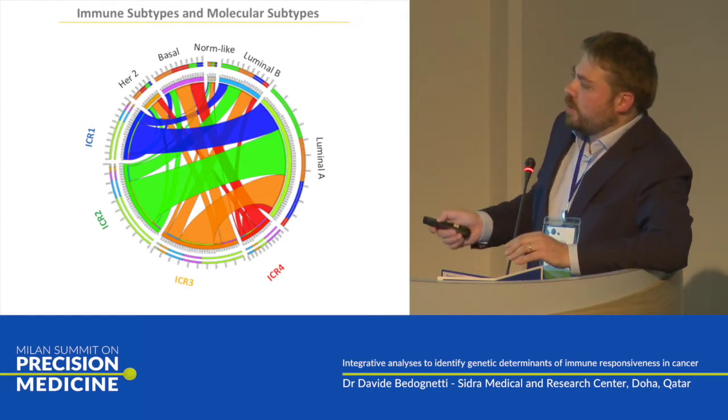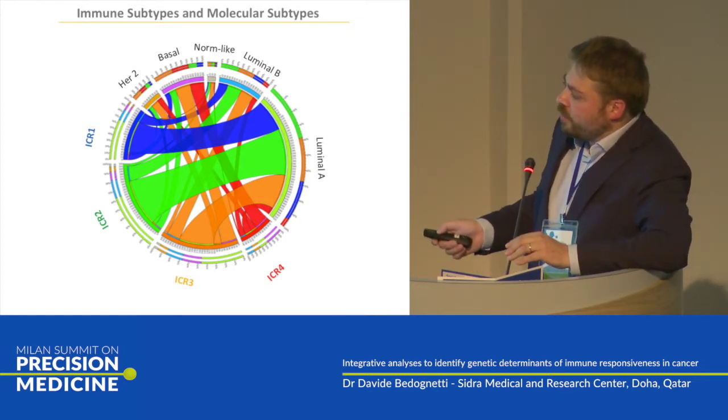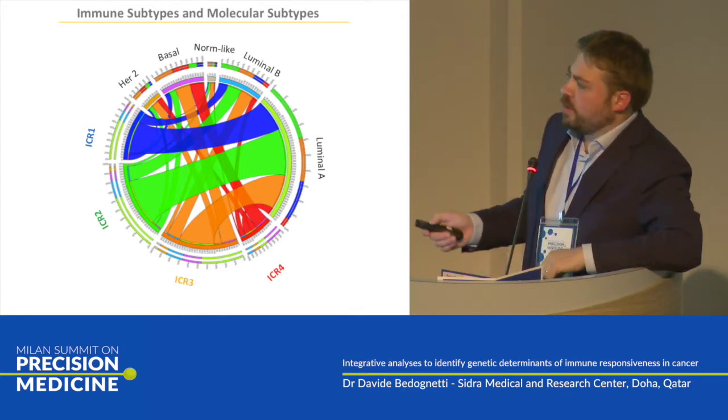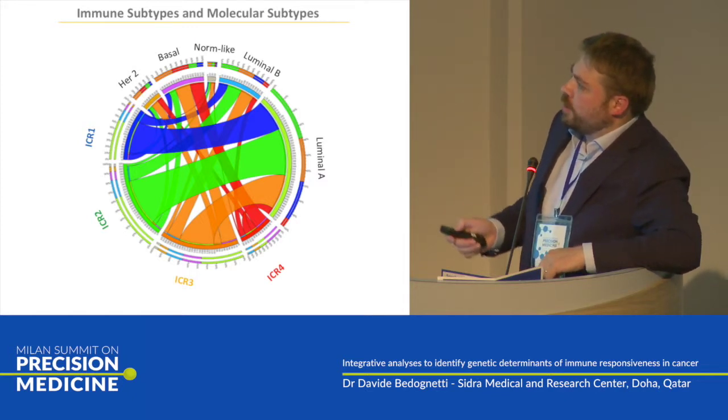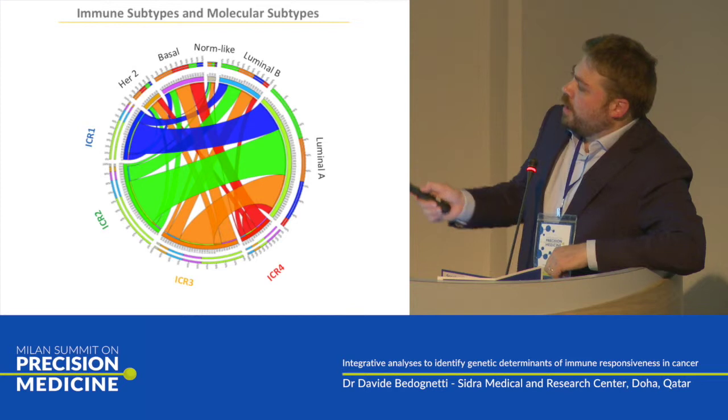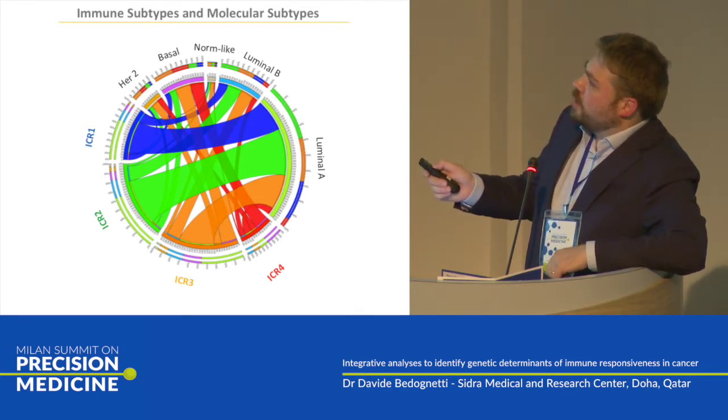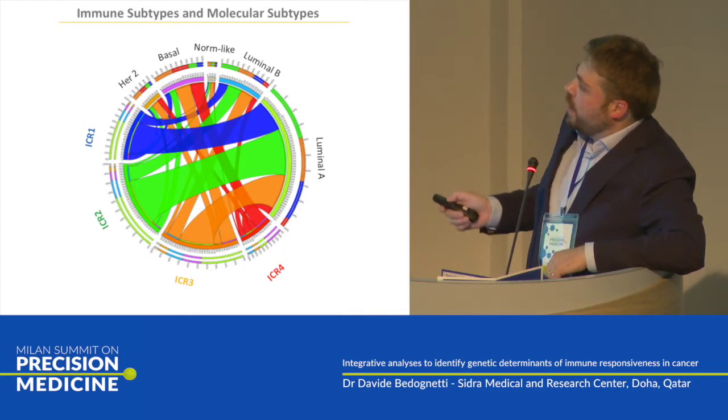But what was also interesting is that 60% of this phenotype is represented by the other molecular subtypes, luminal A, luminal B, and HER2.